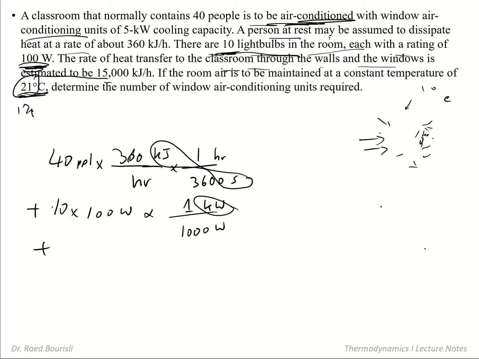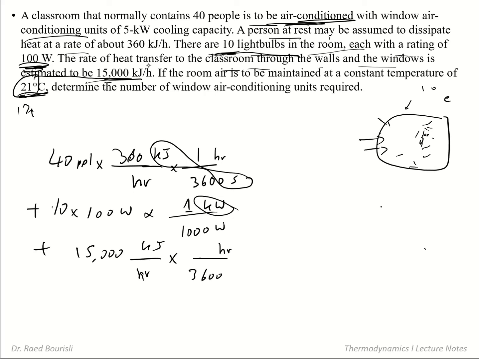You have heat transfer from everything else, the parameters. This is 15,000 kilojoules per hour, and 1 hour is 3,600 seconds. So you divide this by 3,600 and you get kilojoules per second, which is kilowatts.